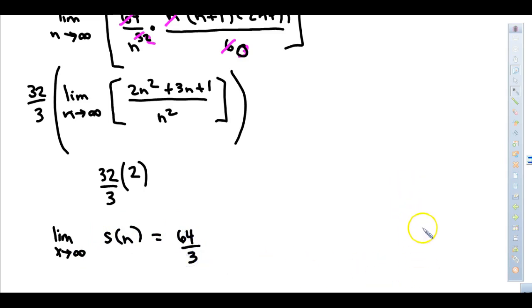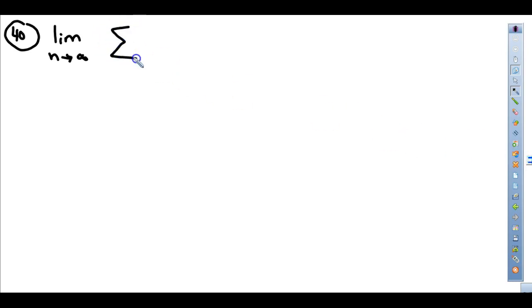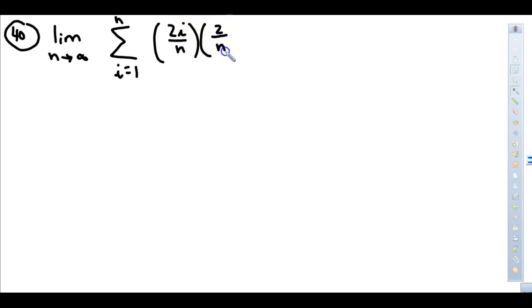Okay? Now, number 40. It says to figure out the limit as n approaches infinity of the sum as i goes from 1 to n of 2i over n times 2 over n.